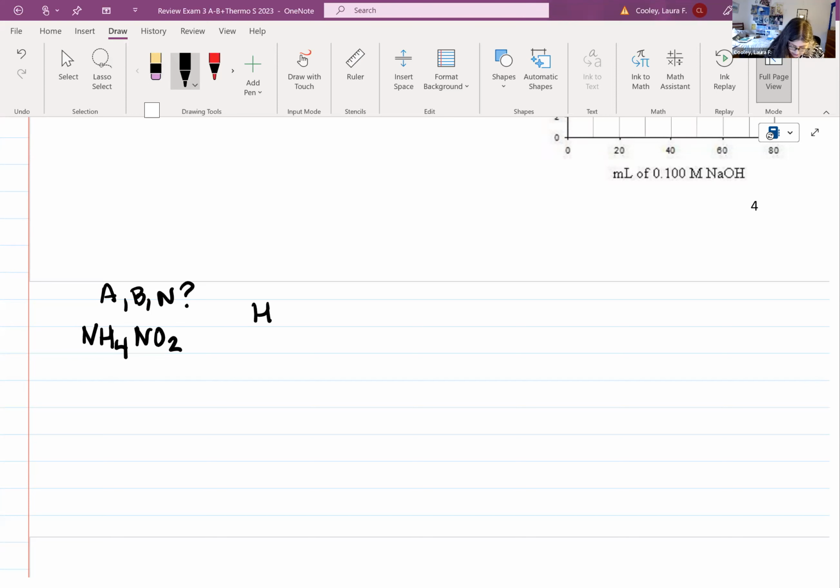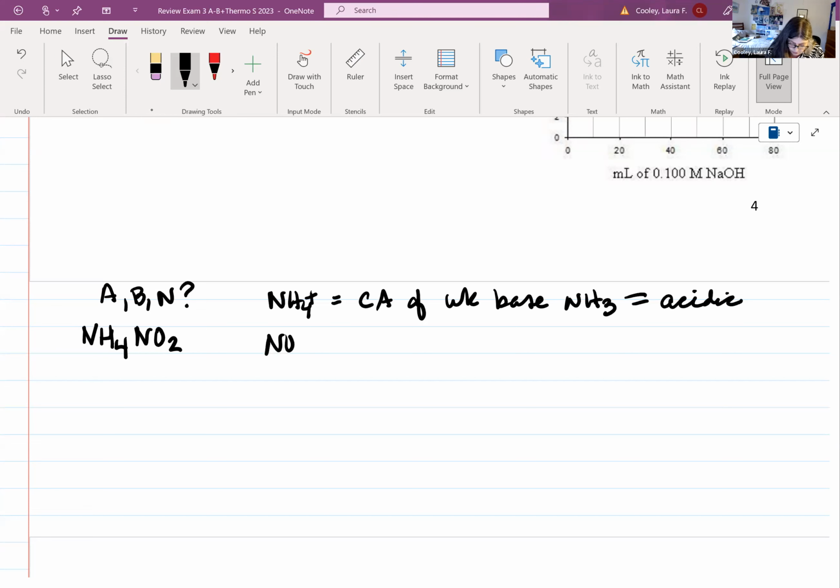So here both of the ions matter. So NH4 plus is the conjugate acid of the weak base NH3. So it's acidic.